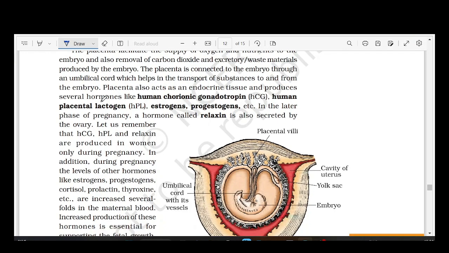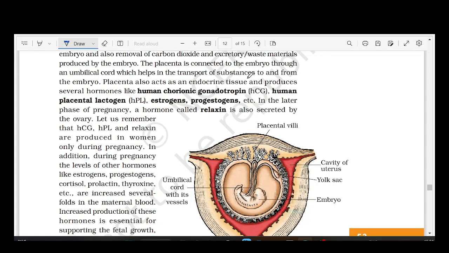We know that the umbilical cord is the connecting unit between the placenta and the baby, like the navel of the baby has a connection of umbilical cord, and this umbilical cord helps in transport of substances to and from the embryo, right? Substances to the embryo like nutrients and blood and oxygen, etc., and from the embryo like the waste materials, right?